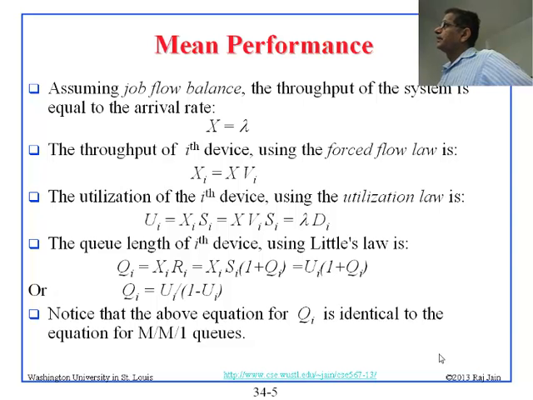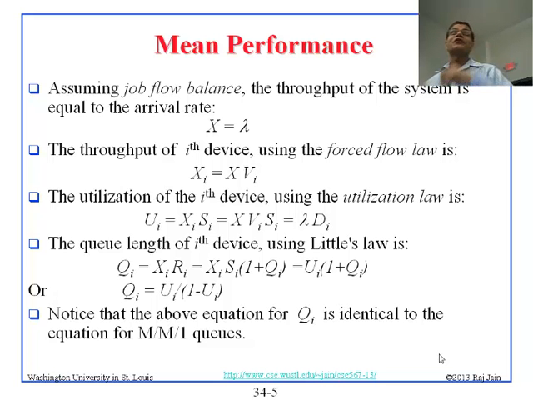Given all this, after some manipulation, you get QI equal to UI times 1 plus QI. Now you can solve for QI from these two sides, and you will get QI equal to UI upon 1 minus UI. This is like rho upon 1 minus rho.